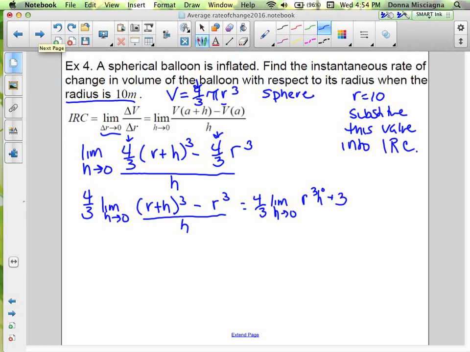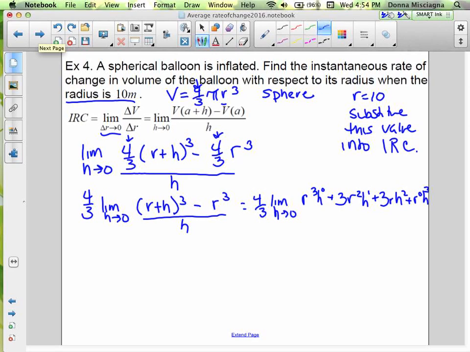Plus 3 times r squared times h to the first. Notice that the exponent on r is going down and the exponent on h is going up. Plus 3r h squared plus r to the 0 and h cubed.